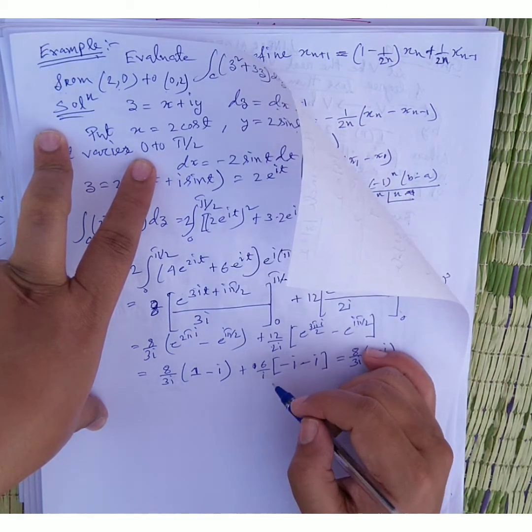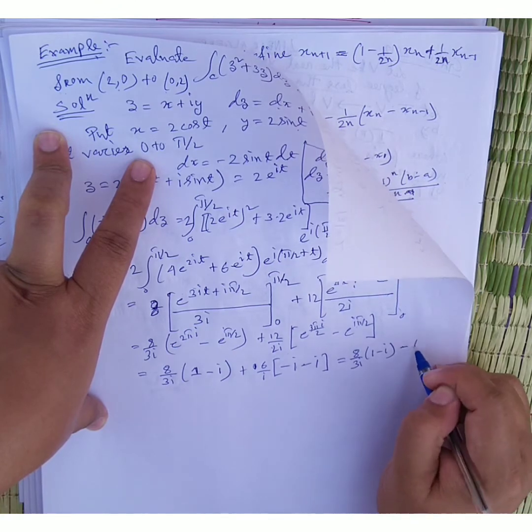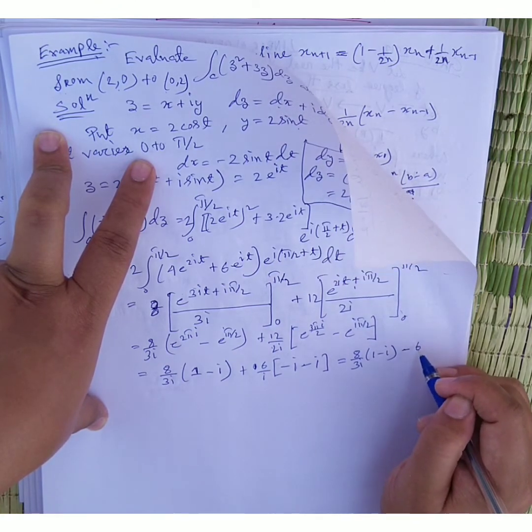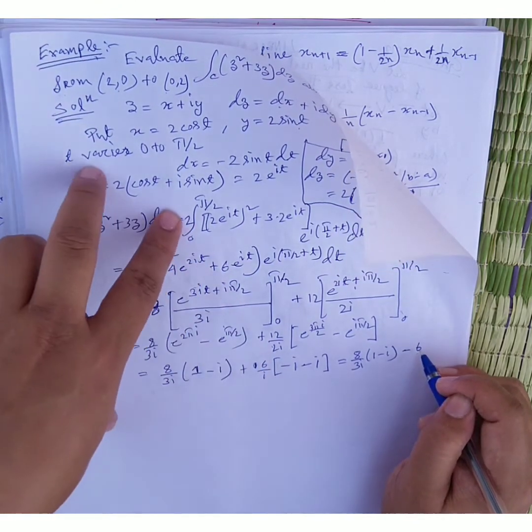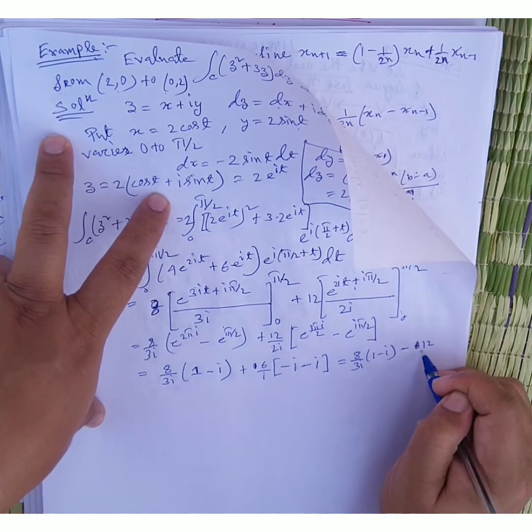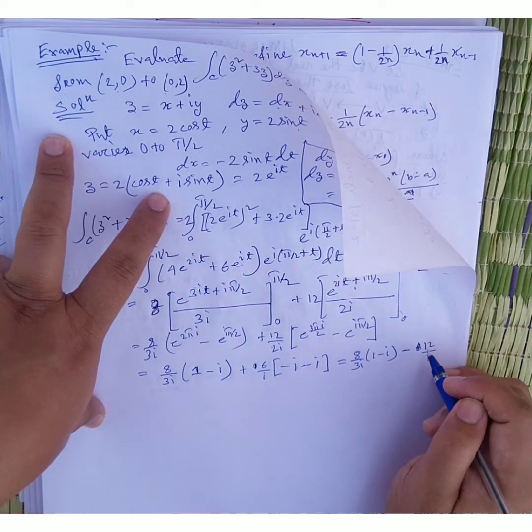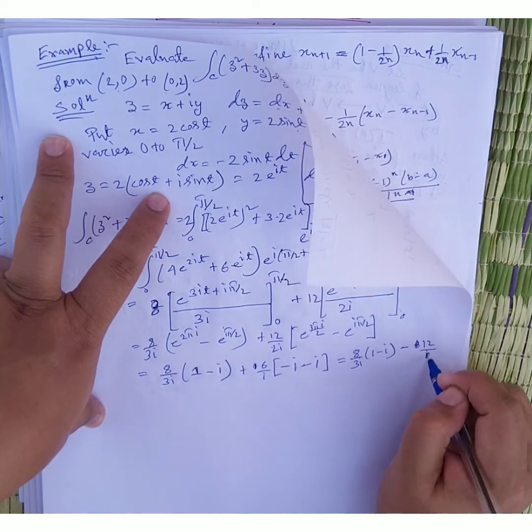This value and this value will cancel. I get 6 divided by i, it is 2i, so 12 divided by i, and the minus i terms also cancel.